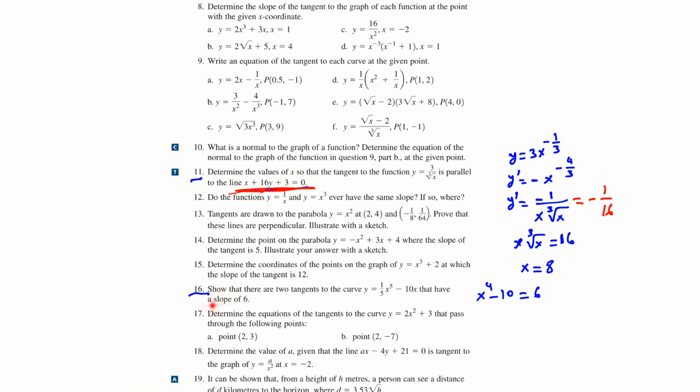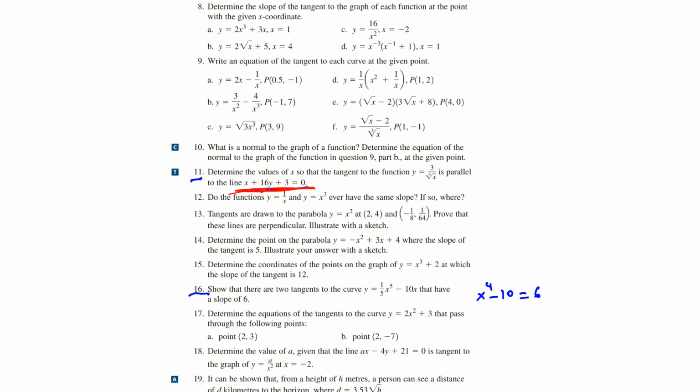Question number 16. Show that there are two tangents to the curve of y equals 1 over 5 x to the power of 5 minus 10x with the slope of 6.